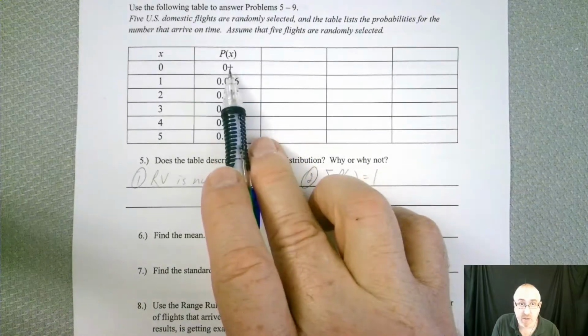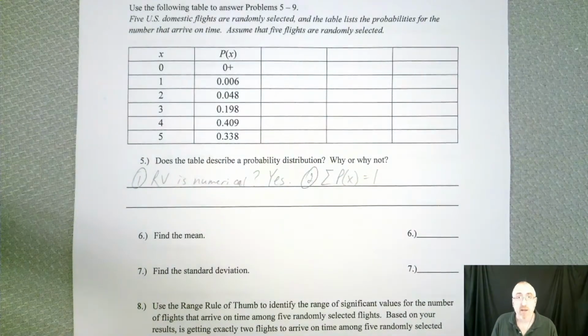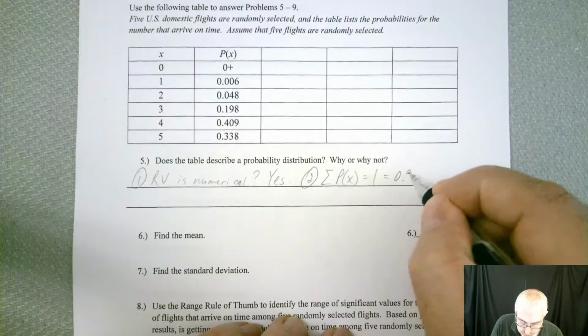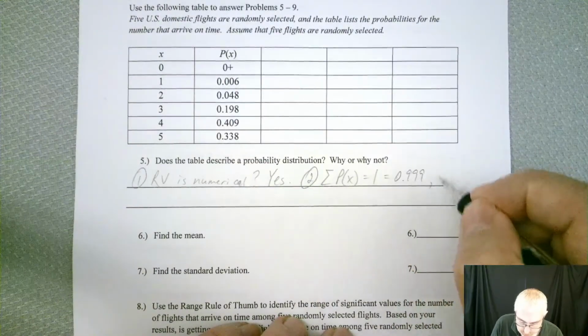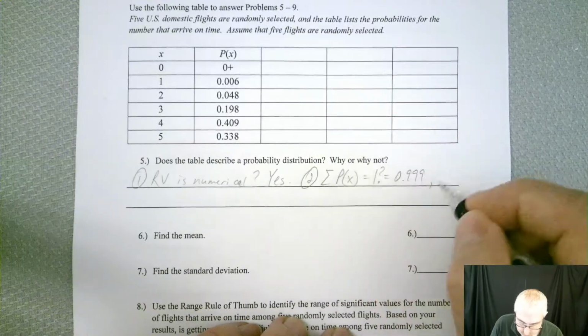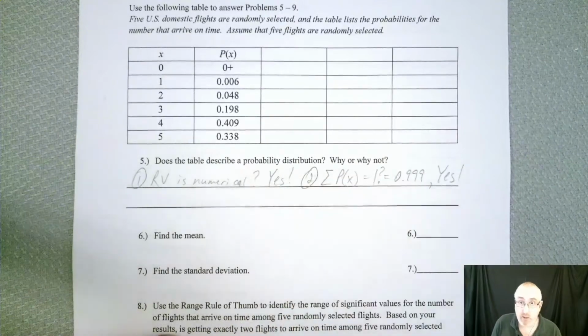Because we have this very small one, which does add a little bit to it, it's going to get us close enough to 1 where we can accept it. So we'll say yes. All right, so we got 2 yeses.